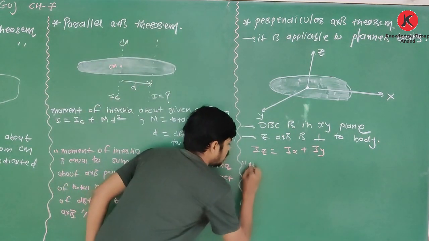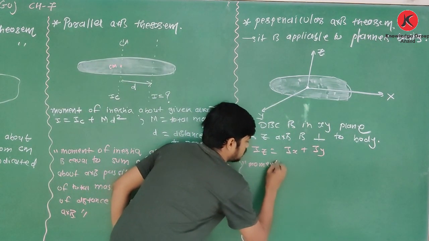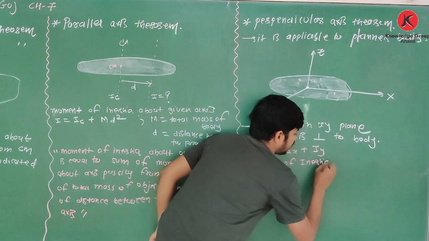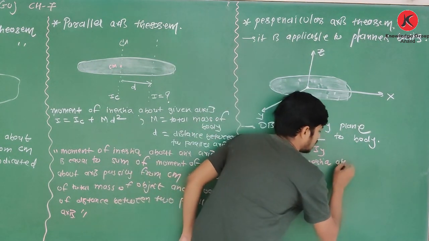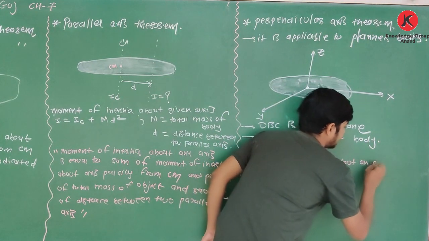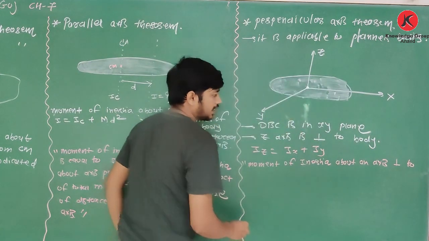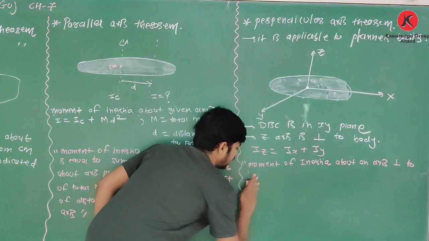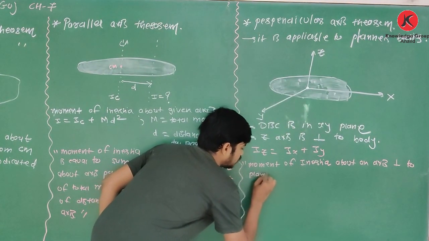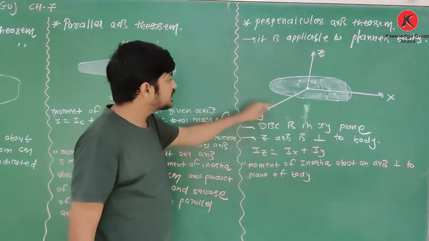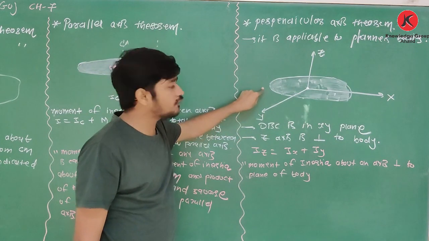See, moment of inertia about an axis perpendicular to the plane of the body. Which axis is perpendicular to the plane of the body? That is z.